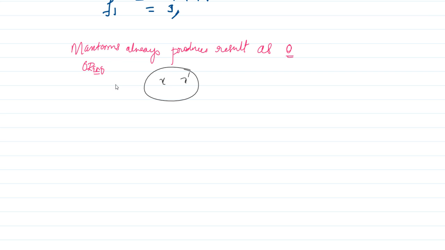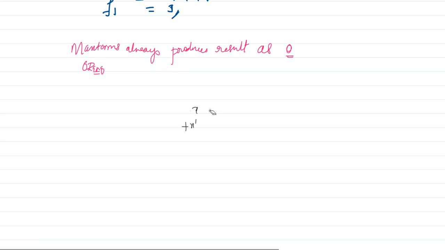You cannot perform any operation between a single variable, only complementation. If I consider two variables, how many combinations can I write? Again 4 combinations: x plus x, x plus x bar, x bar plus x, and x bar plus x bar. These are the combinations we can write for the max term.